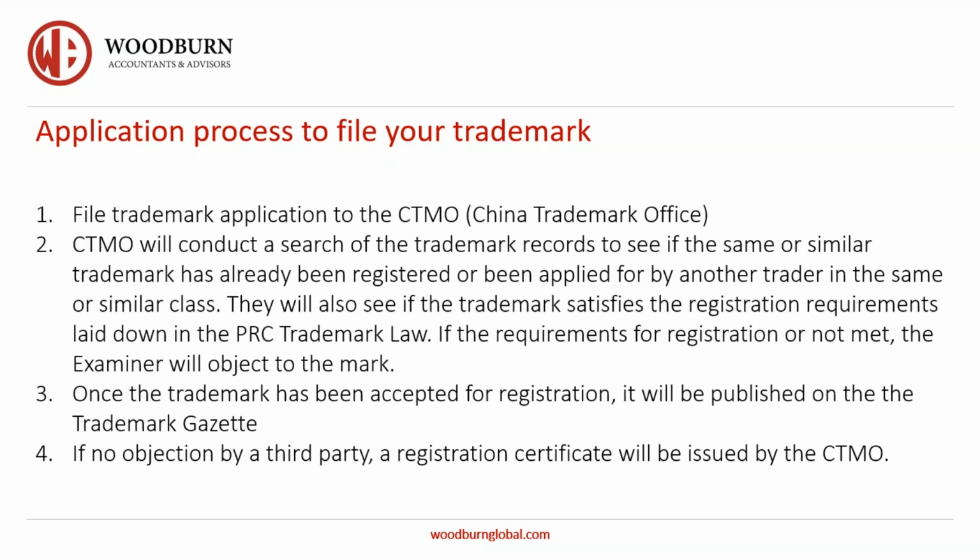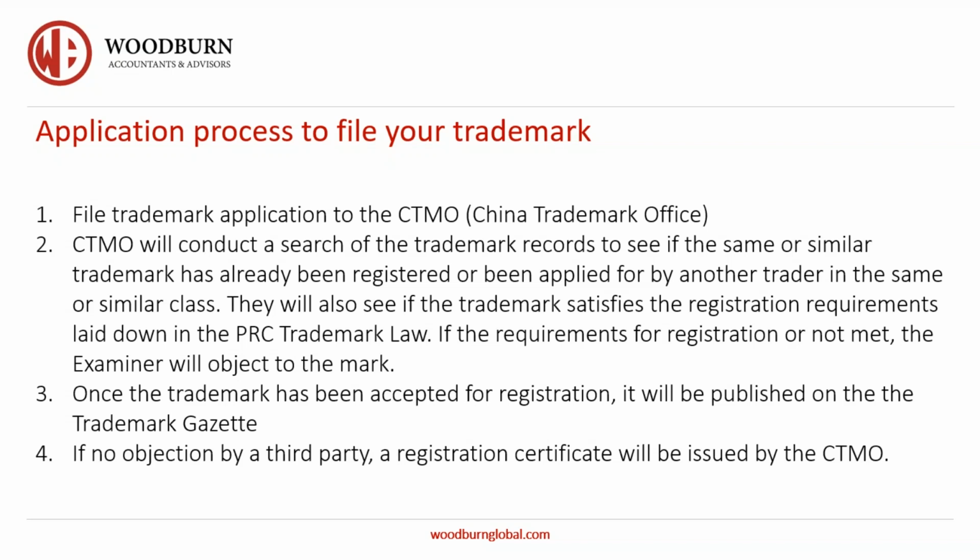What steps are taken? You file your trademark application at the China Trademark Office. The China Trademark Office will conduct a search of the records to find out if anybody has registered a similar or the same trademark. If you've done your research, then you'll be aware of this.